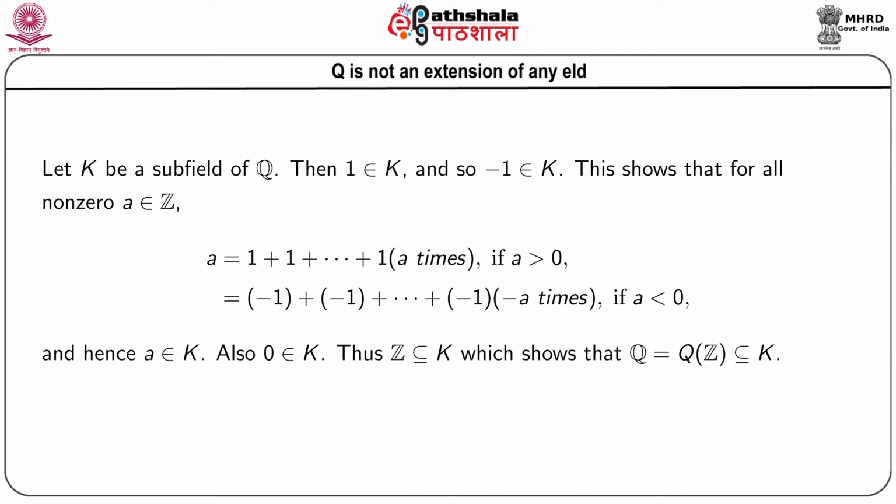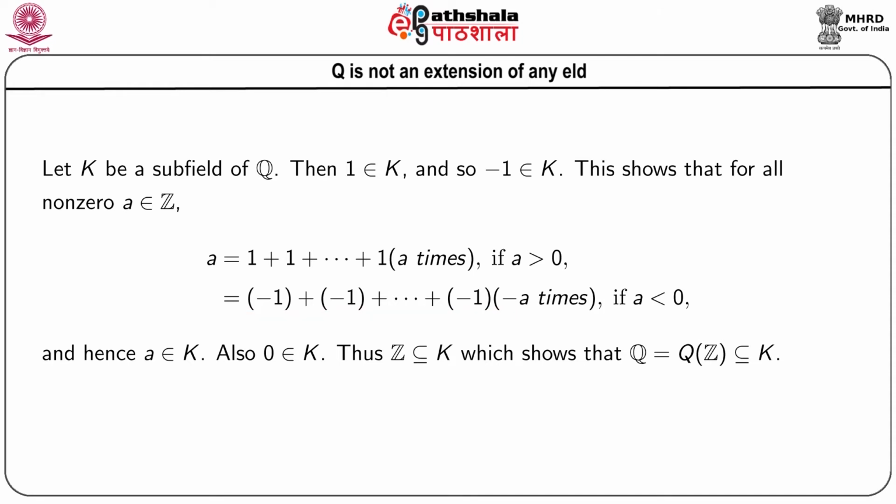Since K is a subfield of Q, 1 belongs to K, and so minus 1 is also in K. This shows that for any non-zero integer a, we have a equal to 1 plus 1 plus so on plus 1, a times, if a is greater than 0, and a is equal to minus 1 plus minus 1 plus so on plus minus 1, minus a times, if a is less than 0.